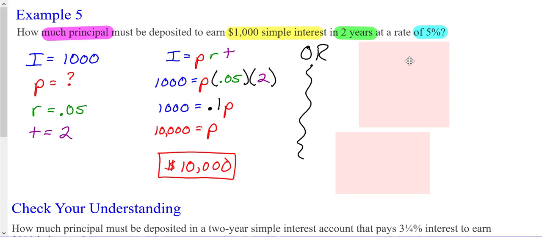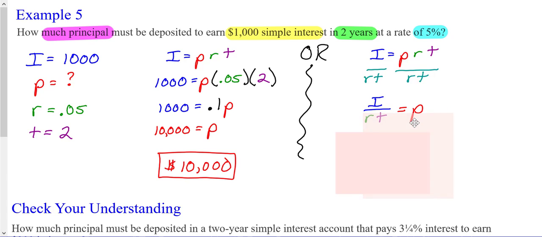Or your other option is you can take your original formula and move your variables around so that the P is by itself. In this case, we would divide both sides by RT, which would give us I divided by RT equals P, after canceling out the R's and the T's.